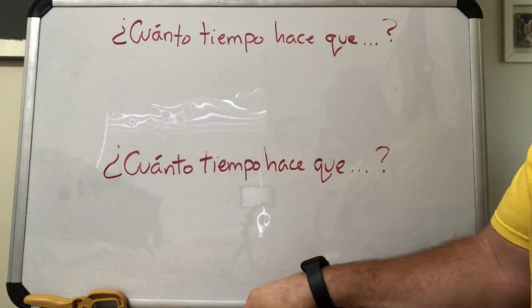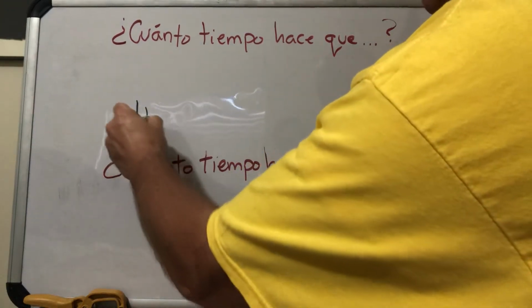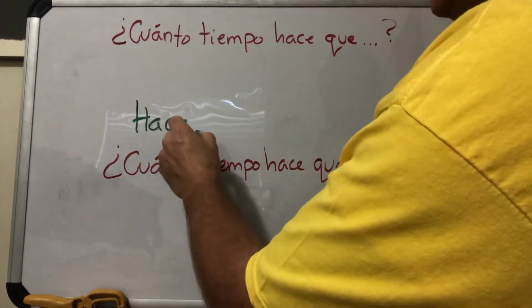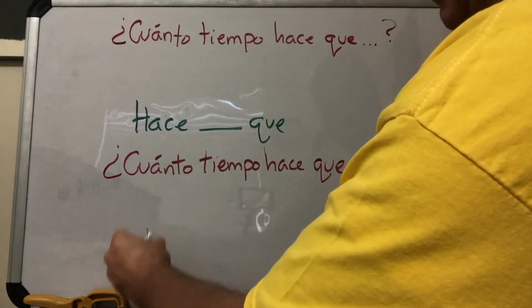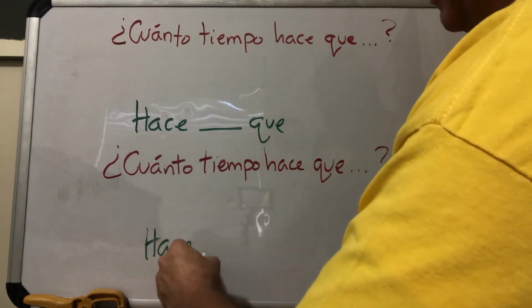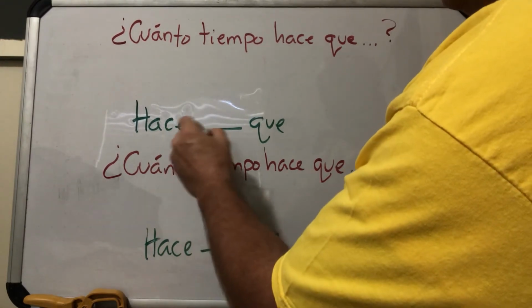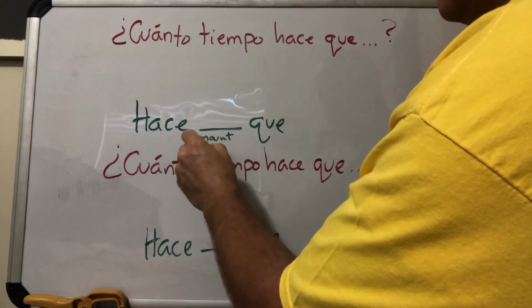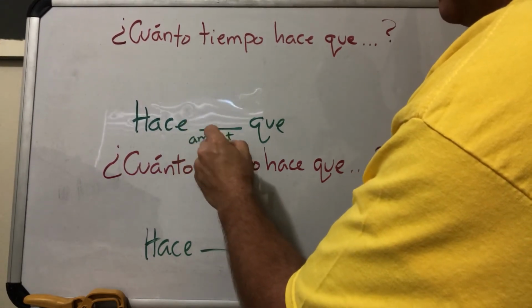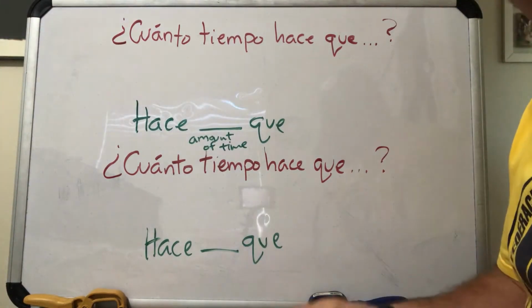Actually, let's write the beginning of our answer. Hace, they're both the same. So you say hace blank que, and they'll be answered both the same way. And then what goes in the blank here is an amount of time. What I mean by an amount is like 2 days, 4 hours.